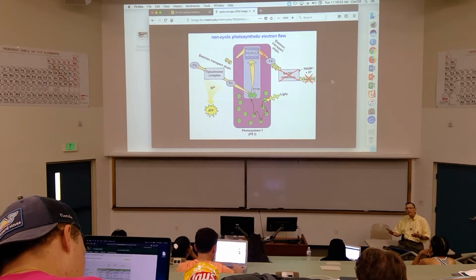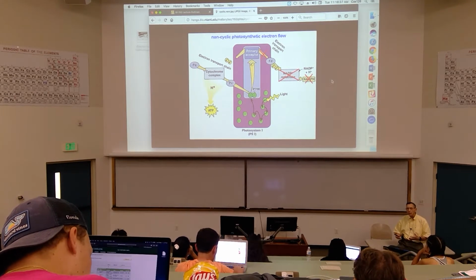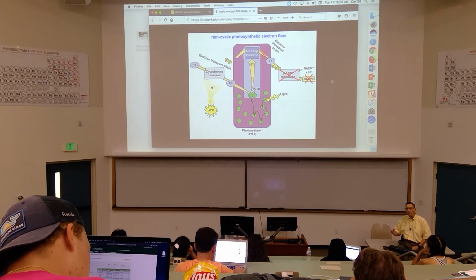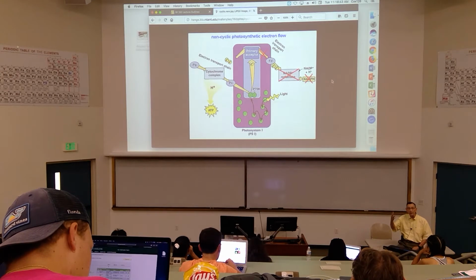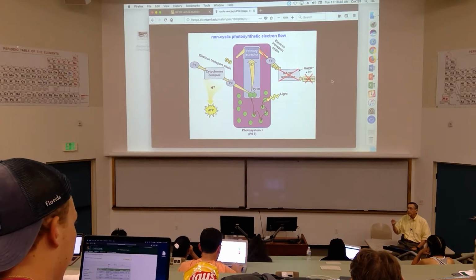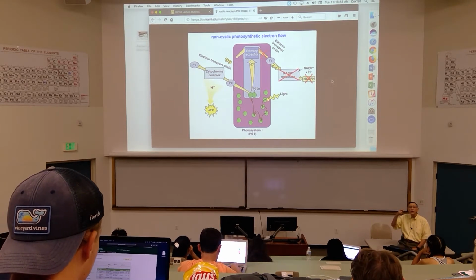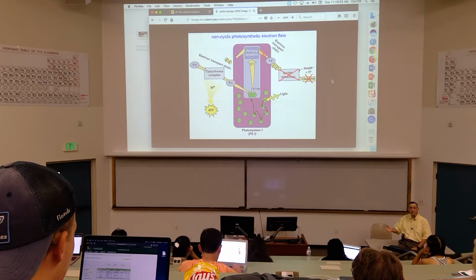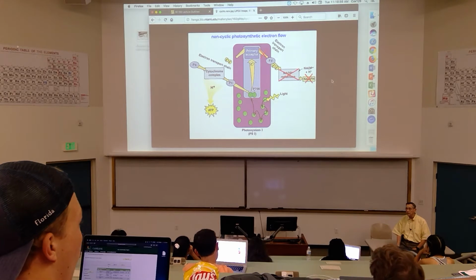Well, the belief is that in order to reduce carbon dioxide, you actually are going to physically need, empirically, when you measure, 3 molecules of ATP and 2 molecules of NADPH. And we'll look at the dark reactions that do that in just a second. The problem is that if you do it only non-cyclically, you only get 2 ATPs and 2 NADPH. You don't get enough ATP in order to eventually reduce it.